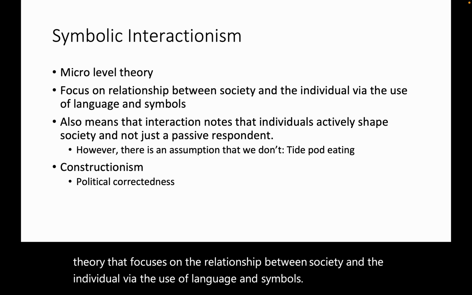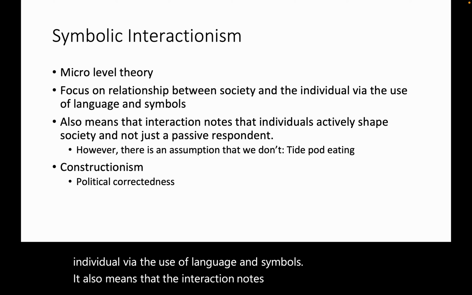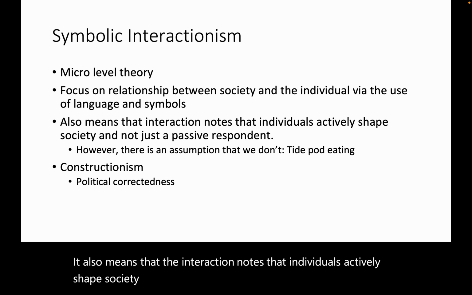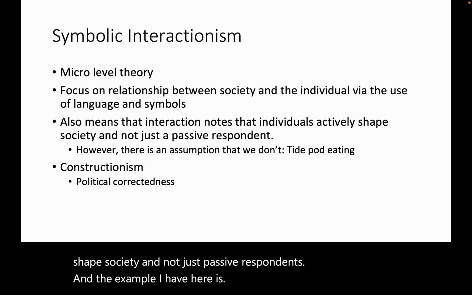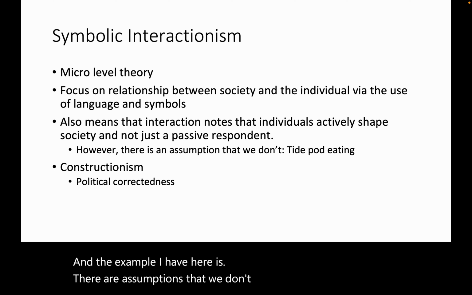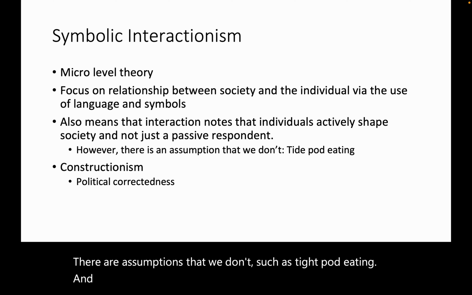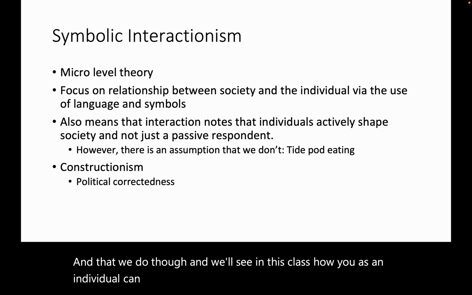It also notes that individuals actively shape society and are not just passive respondents. The example I have here is that there are assumptions that we don't follow, such as Tide Pod eating, and there are those that we do, and we'll see in this class how you as an individual can actively help shape the way society should be, and that we're not just passive respondents.